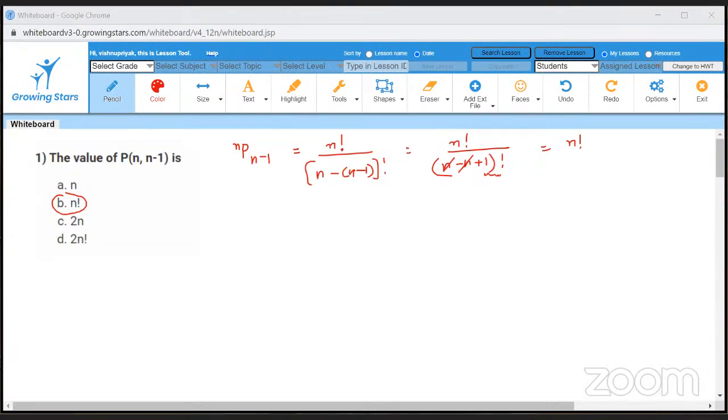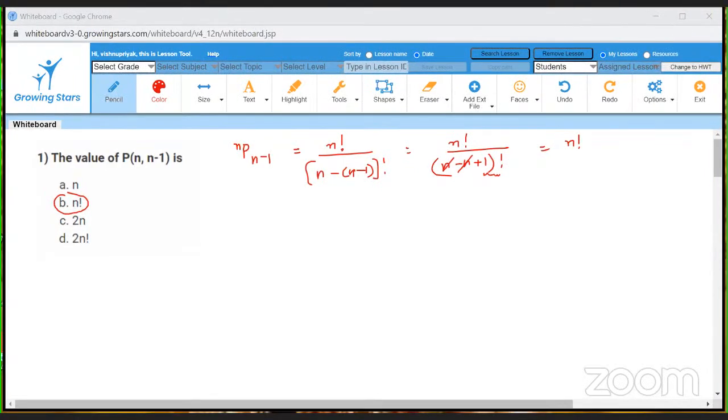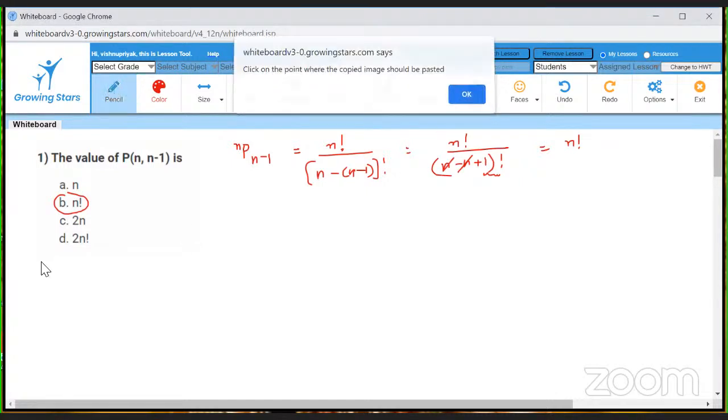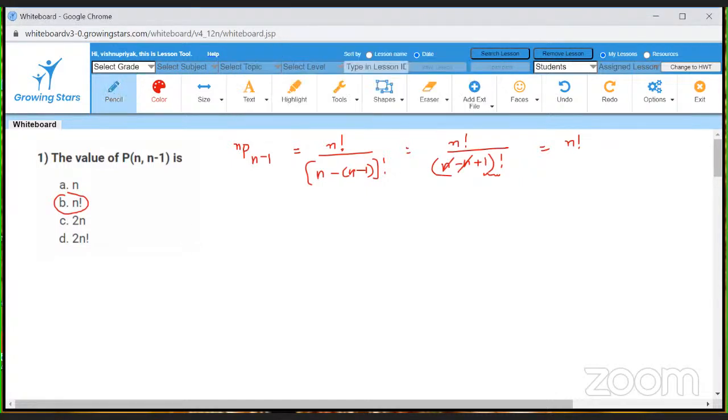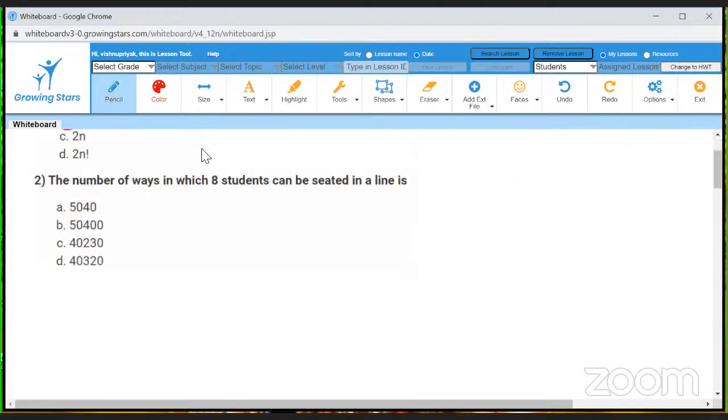Let's go to the second question. The number of ways in which 8 students can be seated in a line. Total 8 students are there. For these 8 students, there will be 8 places in a line.